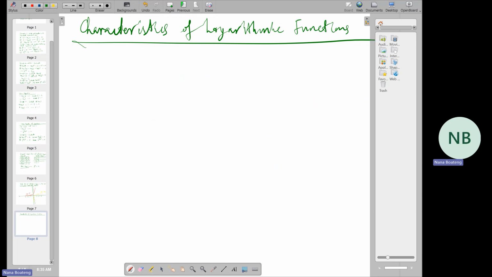So the domain of f of x equal to log to the base b of x is from 0 to positive infinity. So the domain of log functions is on the positive axis.